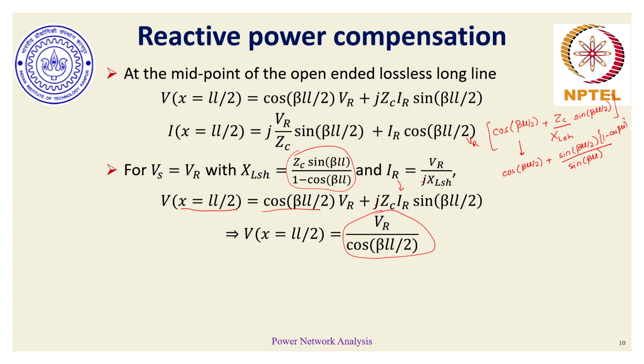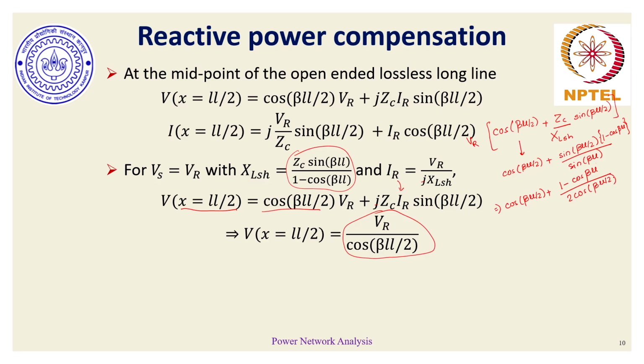I hope I am correct. I think it is, yes. Okay. So if we work it out a bit, we have cos of beta LL by 2 plus 1 minus cos of beta LL, divided by 2 cos of beta LL by 2.